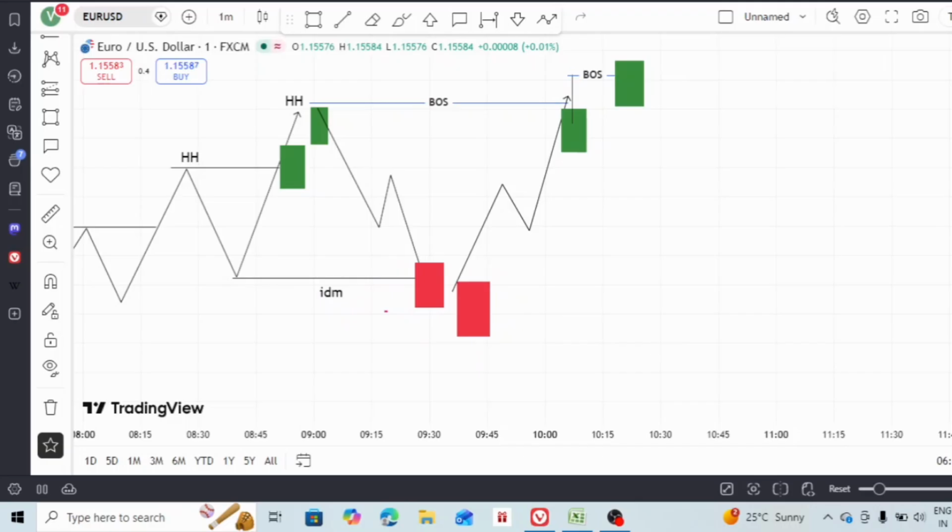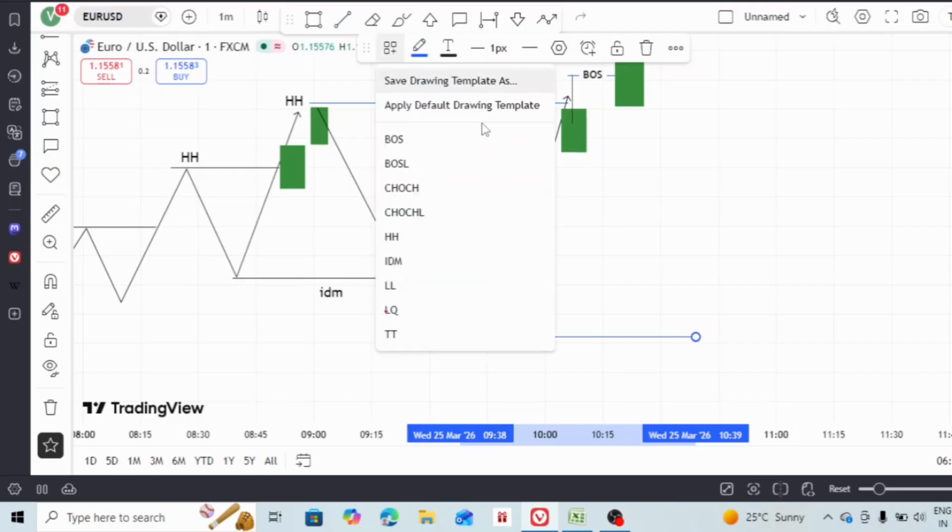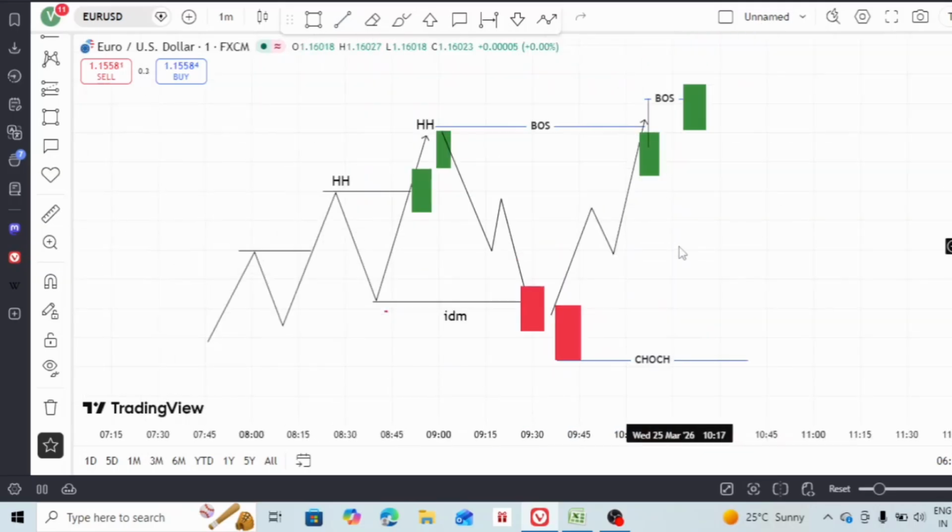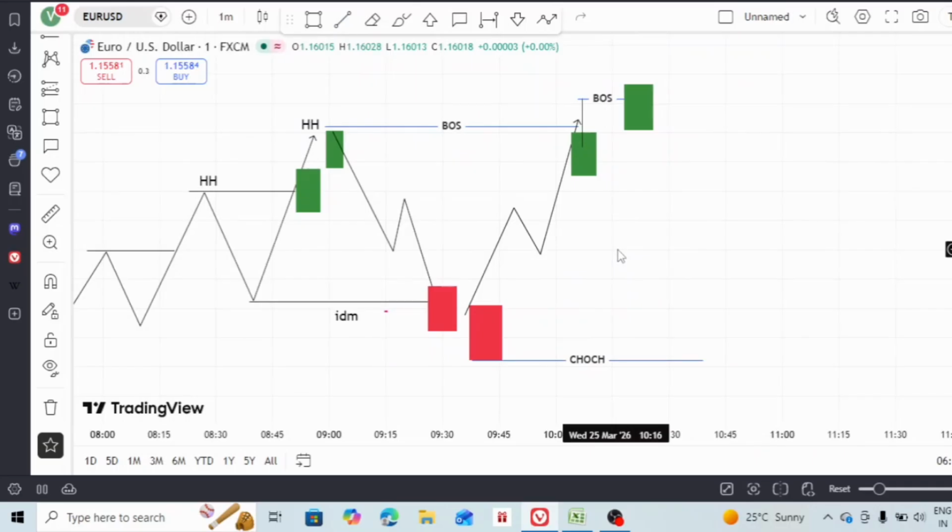This level will be the change of character. So this is the complete structure of the uptrend market.